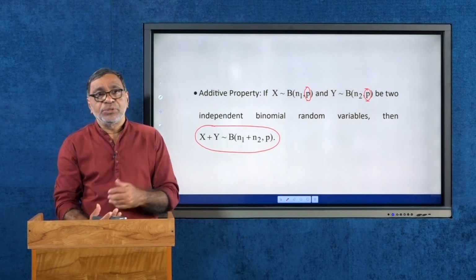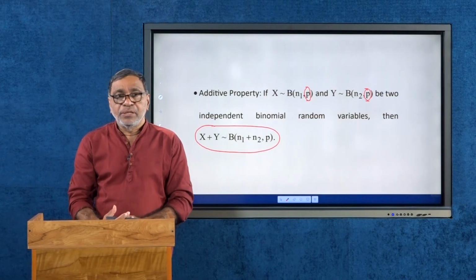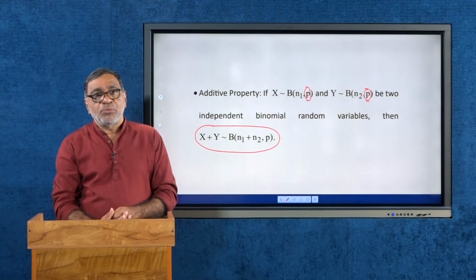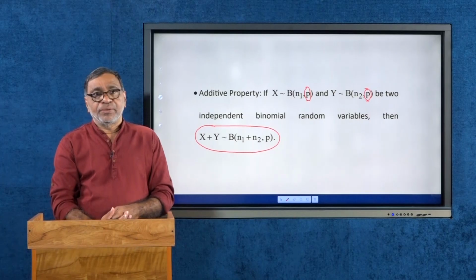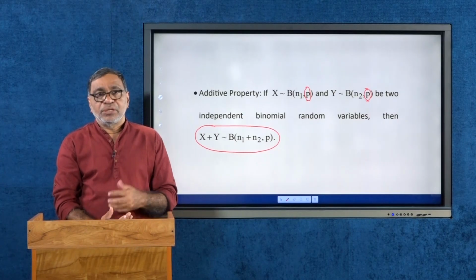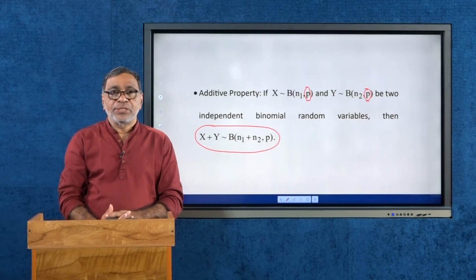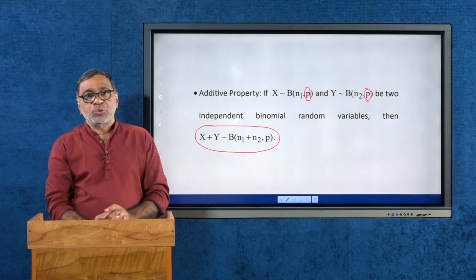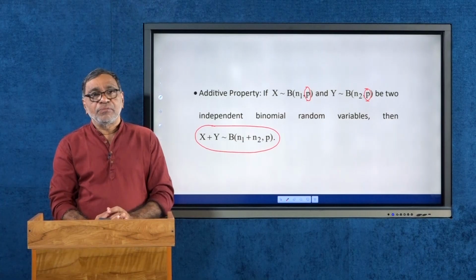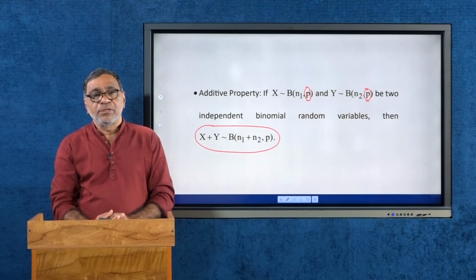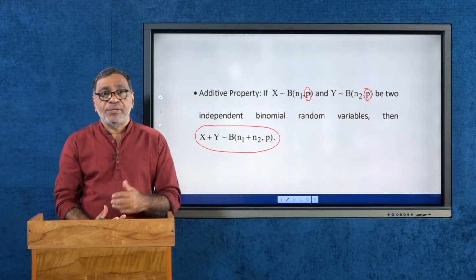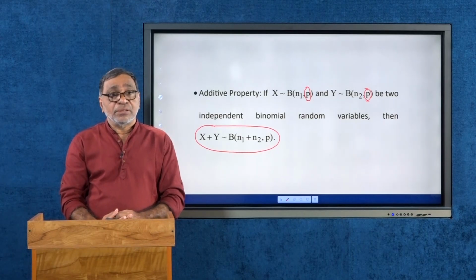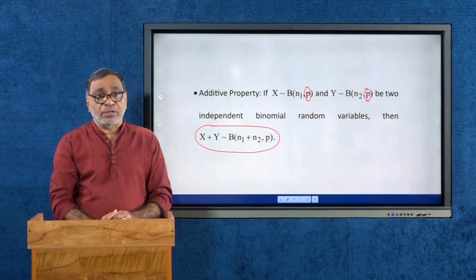And we can prove this property using the moment generative function technique. We know for a distribution, if the moment generative function exists, that is unique. That is, on the basis of the moment generative function, we can identify the distribution function of the random variable.